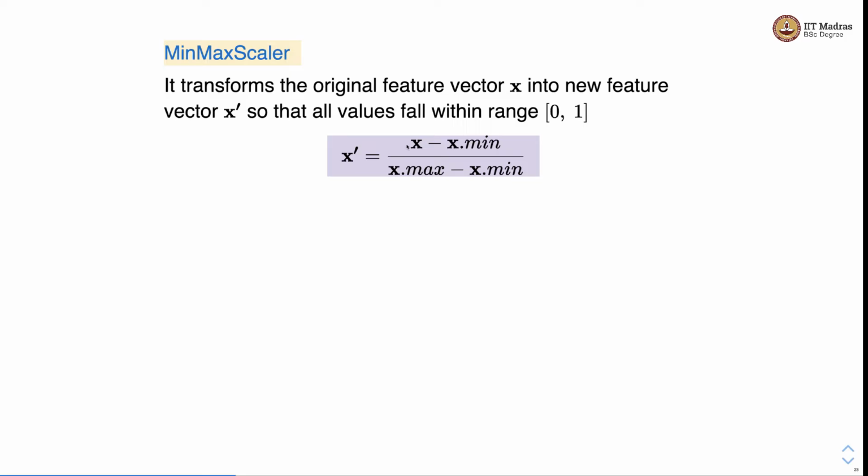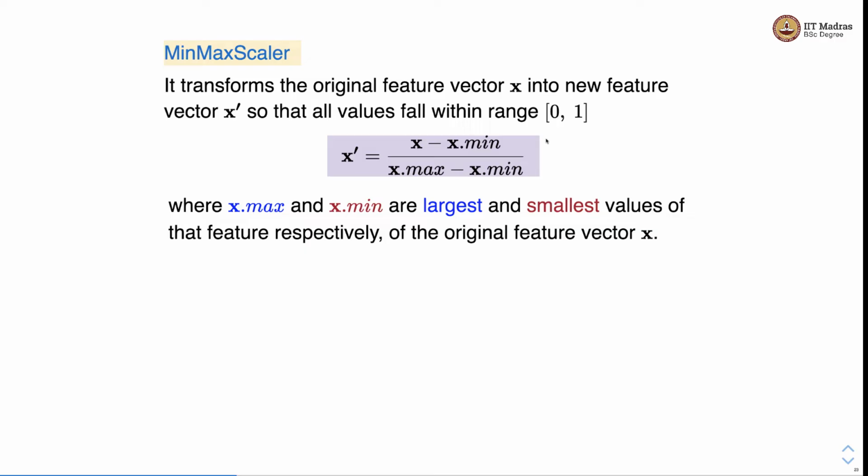It subtracts the minimum value of the feature from the value of each sample and divides it by the total range for that feature, which is calculated by subtracting the min value from the max value. So x.max and x.min are the largest and smallest value of that feature. Of course, this is in the original feature vector.